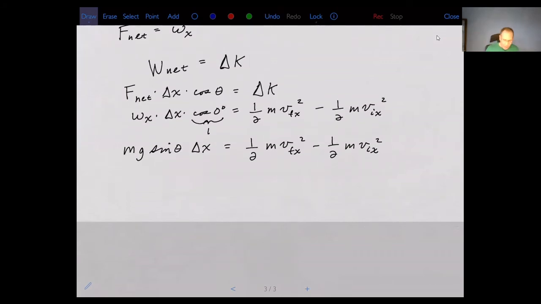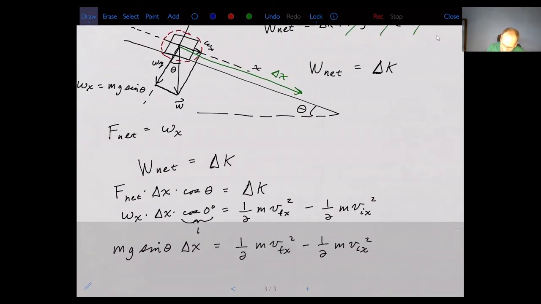Okay, then we can also say, and we did this in one of our previous labs when we looked at the acceleration of a cart down the inclined track, we can also find sine of theta. If you look at the track itself, if we know the initial height and the final height of that cart as it travels that 1 meter down the track, then sine of theta is simply equal to the initial height minus the final height divided by the displacement.